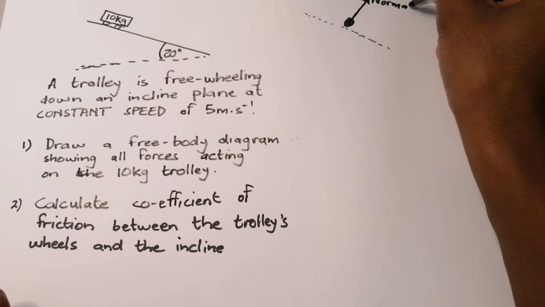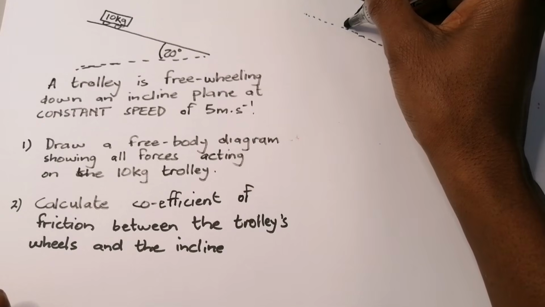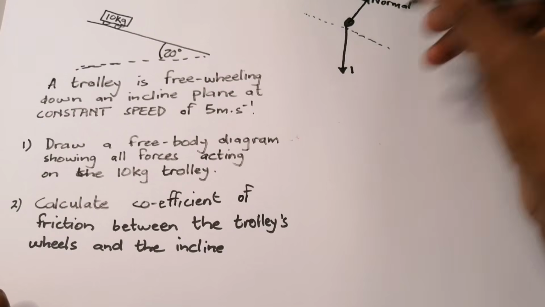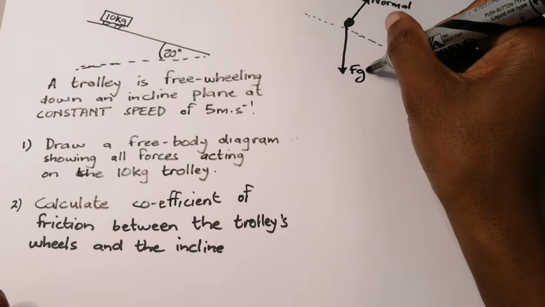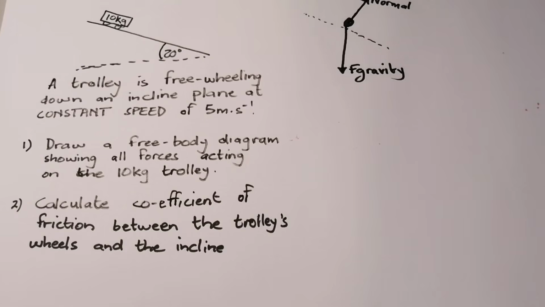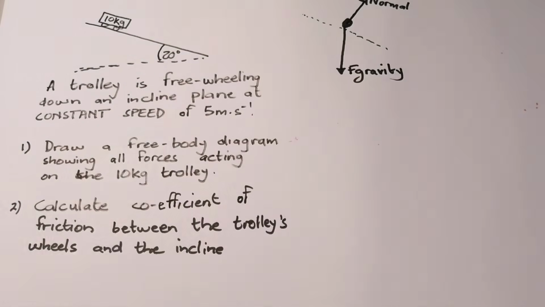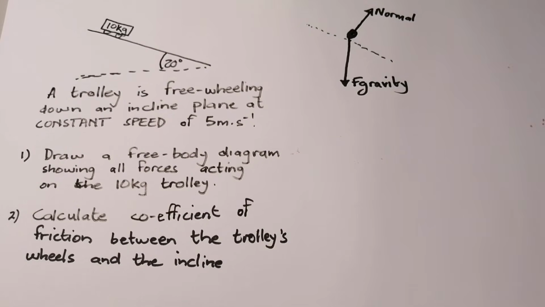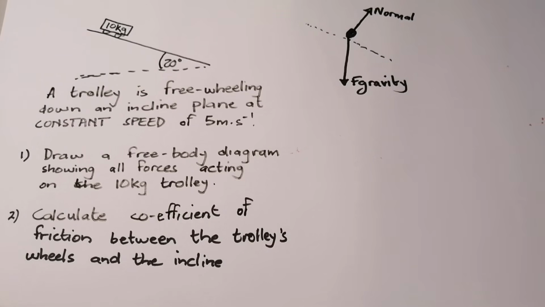You've got your gravitational force that acts vertically downwards, the force of gravity. Now please note there is no applied force. They said it is freewheeling, meaning it's moving essentially on its own. But to some extent, we know that there should be frictional force. And how would we know that?